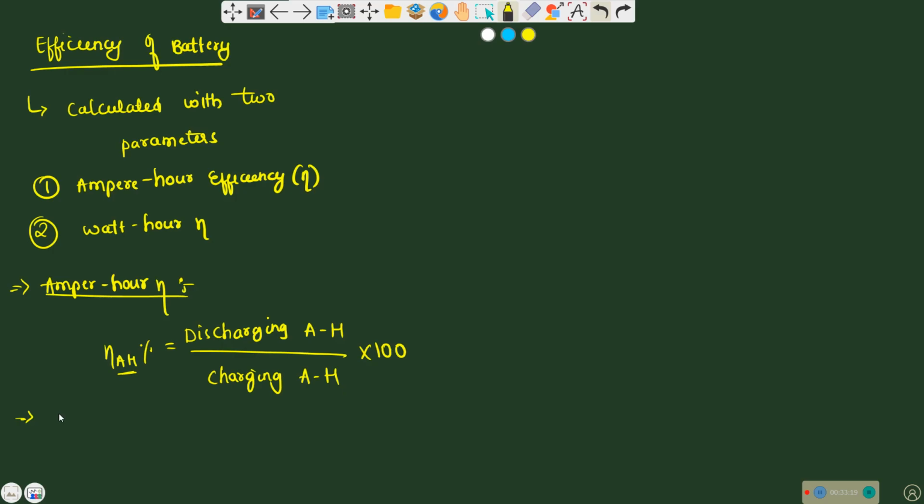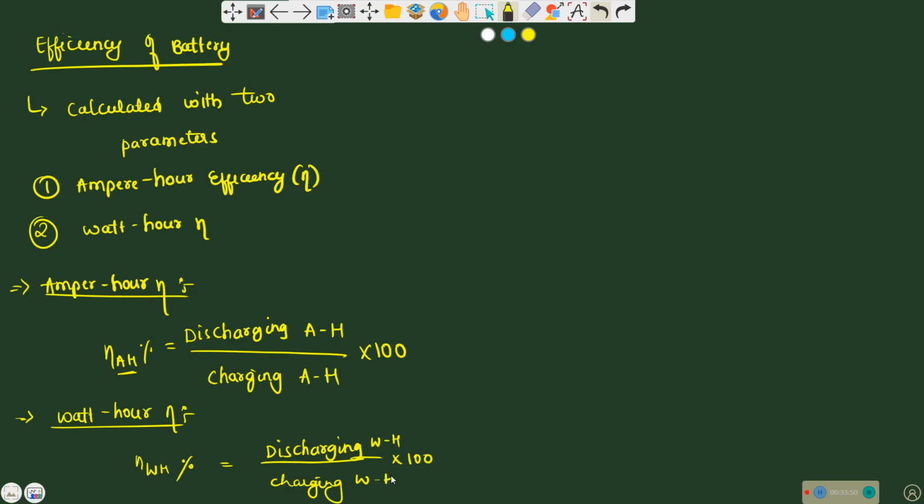So if I talk about watt hour efficiency, what is watt hour efficiency? Watt hour efficiency percentage equals discharging divided by charging into 100. Here discharging in watt hour, charging in watt hour. Okay, remember this.